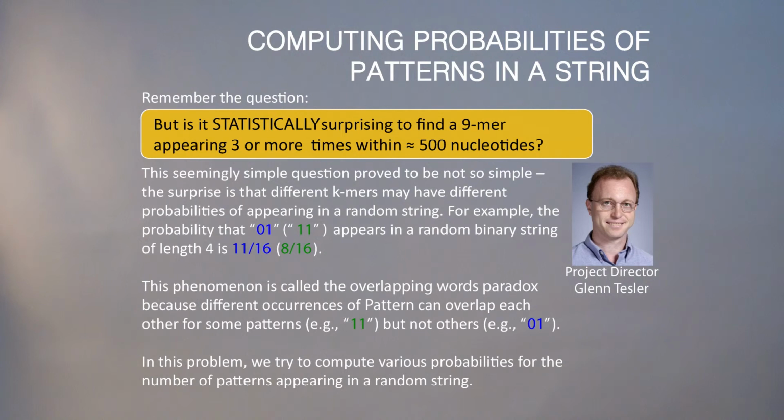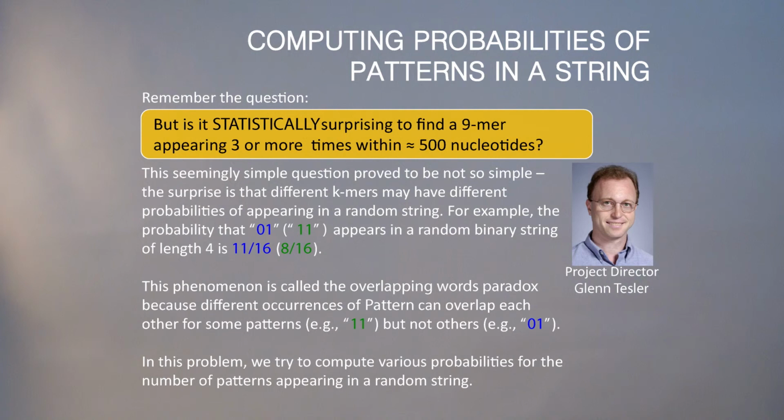It turns out that different k-mers have different probabilities of occurring in a random string. For example, the string 01 has very different statistical properties than the string 11 when it comes to its appearance in a random Boolean text. This phenomenon is known as the overlapping words paradox, because different occurrences of 11 can overlap, but different occurrences of 01 cannot.